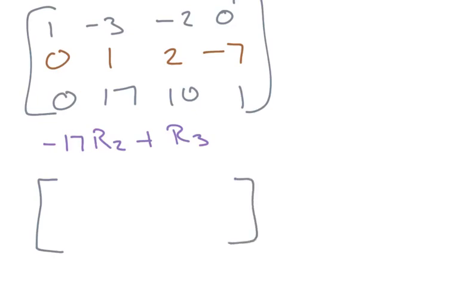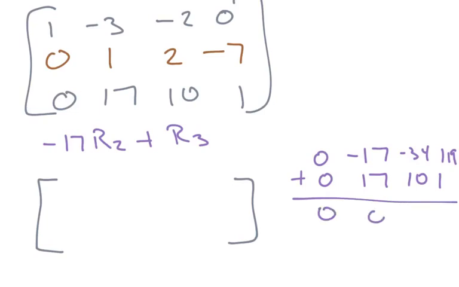If I multiply row 2 by negative 17, I'm going to get 0, negative 17, negative 34. I have to squeeze in the back one, which is going to be 119. And we're adding that to row 3, which is 0, 17, 10, and 1. So it gives me 0, 0, negative 24, and 120.